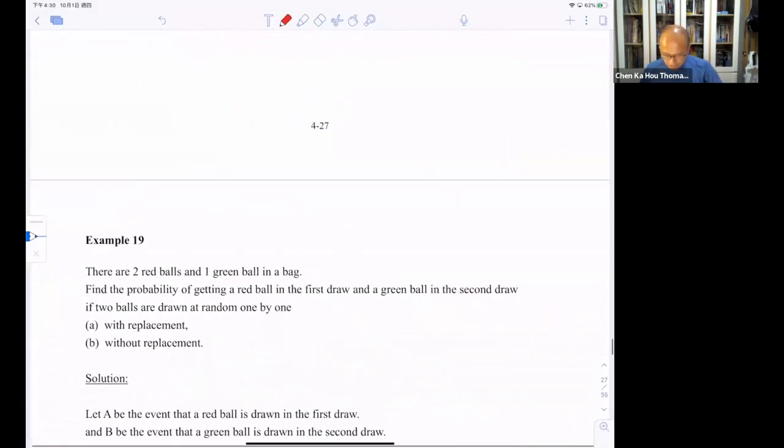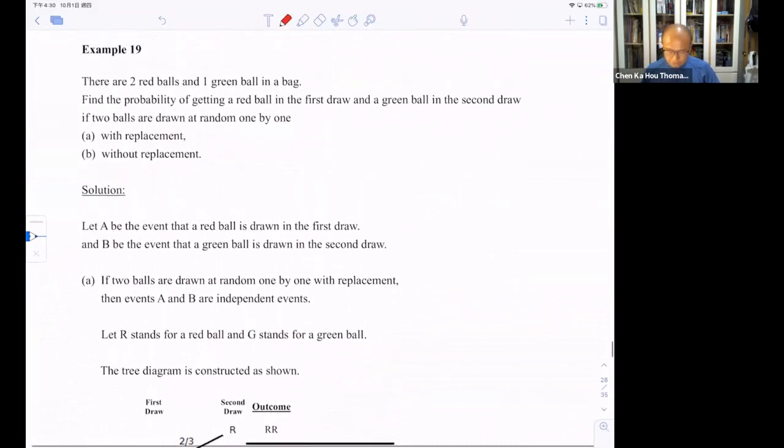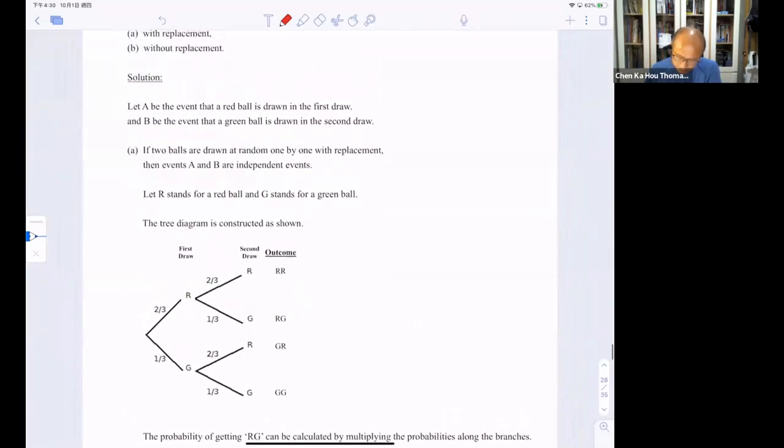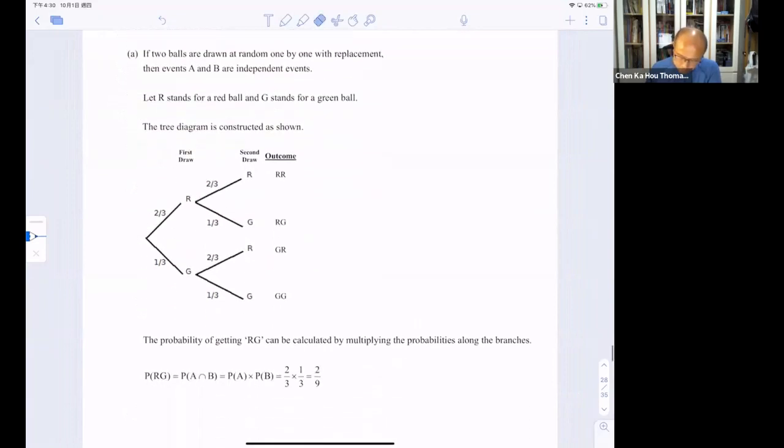Example 19. There are 2 red balls and 1 green ball in the bag. Find the probability of getting a red ball in the first draw and a green ball in the second draw if the 2 balls are drawn at random one by one. Very simple. The first ball is red or green, the second one red or green.